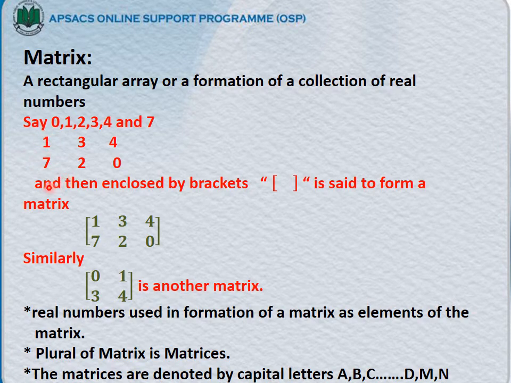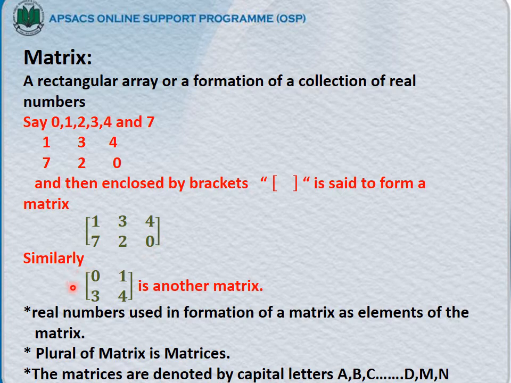And after arrangement, if we enclose them by brackets, it is said to form a matrix. You can see these are the entries, these are the numbers. We arranged them horizontally and vertically and enclosed them within a bracket. So this formation is called a matrix.